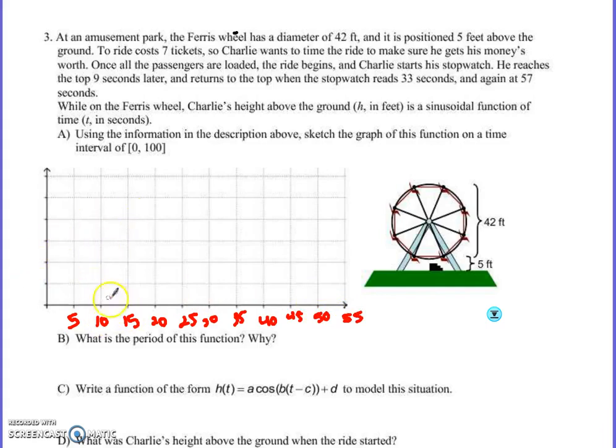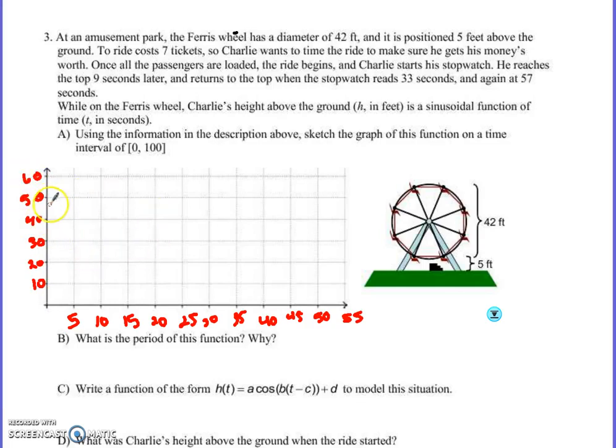So at 9 seconds, just before 10 seconds, he's at the top, which, if you look at how high this is, the top is 47 feet. Let's go by tens on these, so 10, 20, 30, 40, 50, and 60.